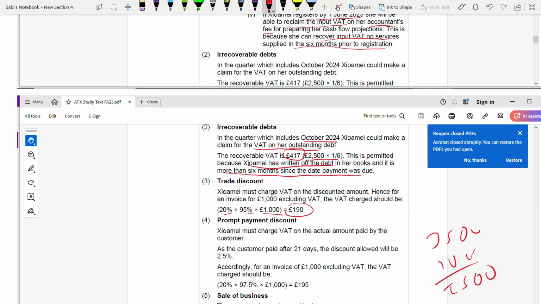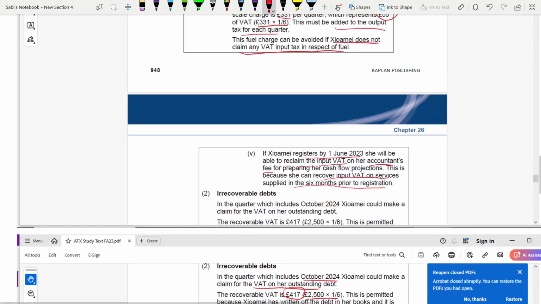VAT must be charged on the discounted amount. That means 95% of 1,000, and on this you will charge 20%. So this 1,000 was excluding VAT. The VAT charge should be 190.